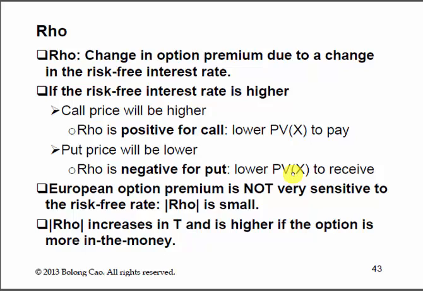So the impact of the risk-free rate increases in time. And the absolute value of rho is higher if the option is more in the money. It's more likely for you either to pay or receive this strike price, so the discounting on the strike price becomes more meaningful.